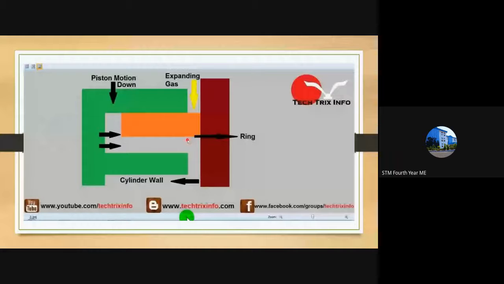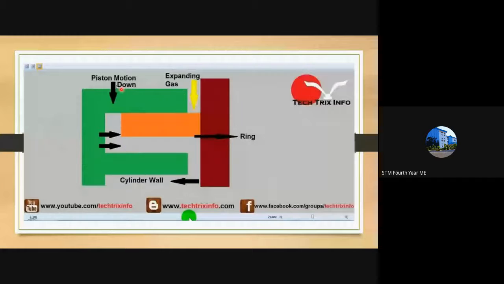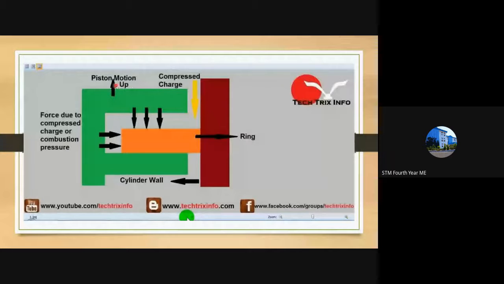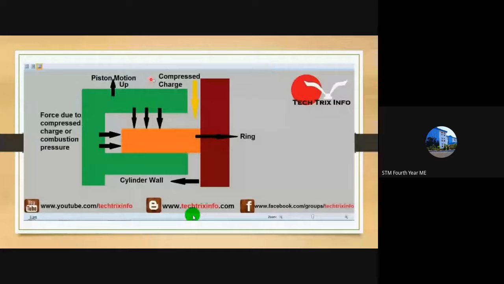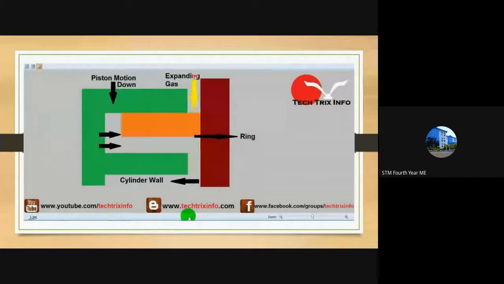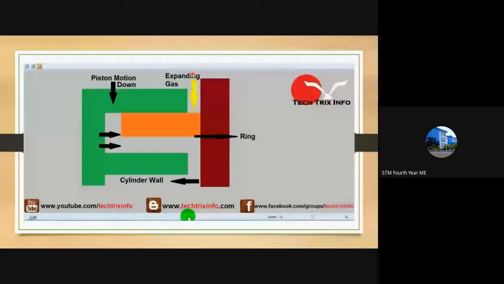When the piston is moving from down to up, from the bottom to the top portion, the compression occurs at the top portion of the piston. The compressed charge exerts a force below here. Through here, the compressed charge exerts a force.